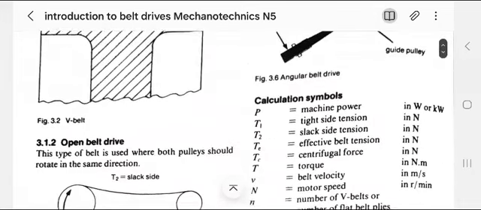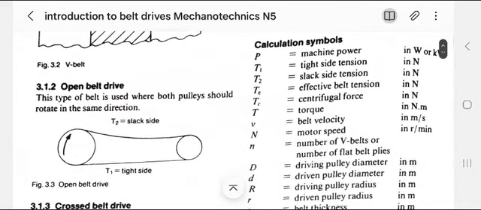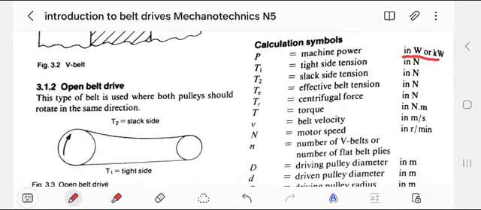So, calculation symbols. You know that power is measured in watts. T1 is a tension, it's in Newton. T2 is still a tension, called the slack side, which is measured in Newton. Then TE, the effective belt tension, in Newton also, is equal to T1 minus T2, right? TC is a centrifugal force in Newton also.